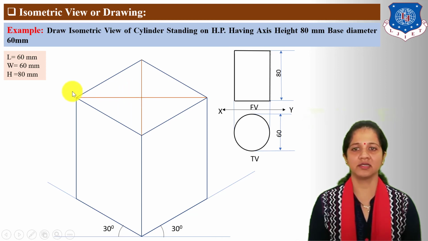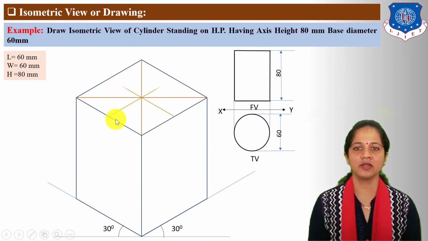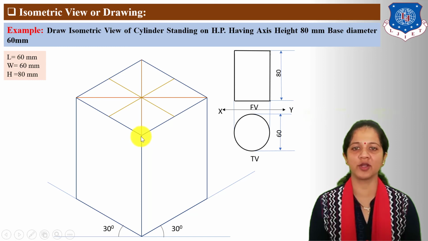So first, draw the bigger and smaller diagonals of this top face. Next, draw axis lines parallel to the length and parallel to the width of the top face. Next, from this end point of the smaller diagonal, connect the end points of these two axes.